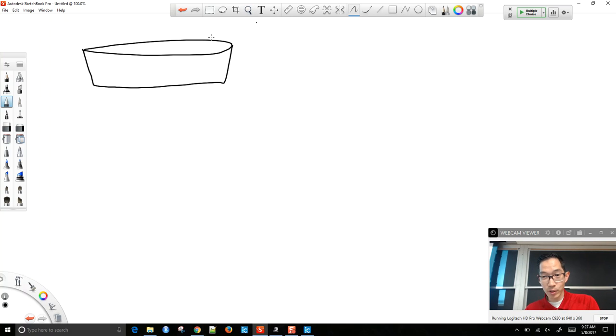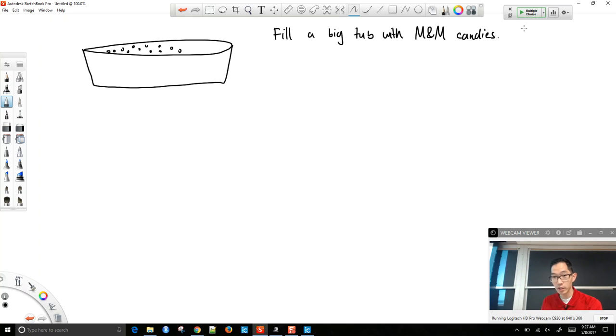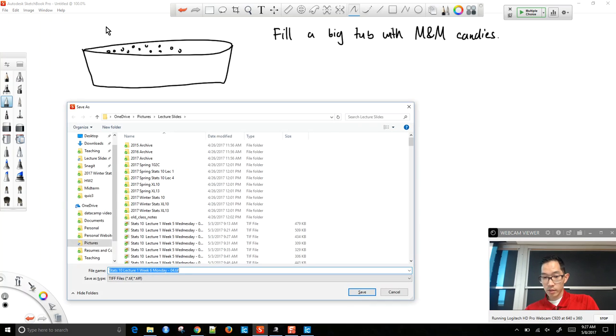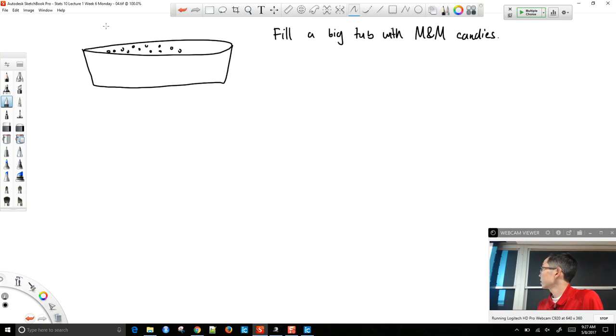We fill the tub with M&M candies. I don't know why I would do this, but let's say I did. And we will say the tub is our population.